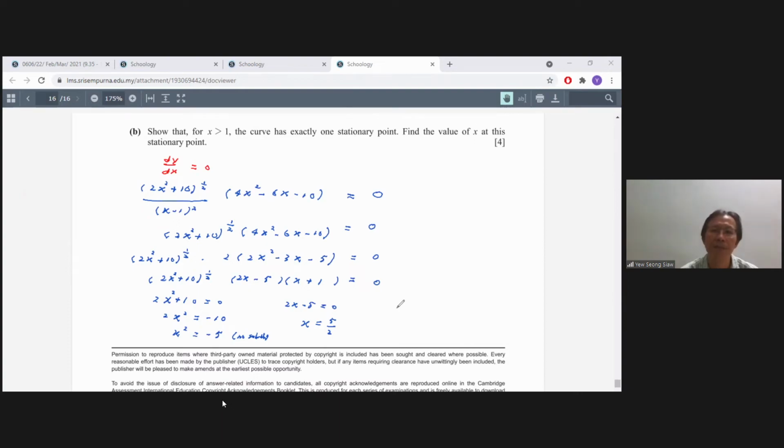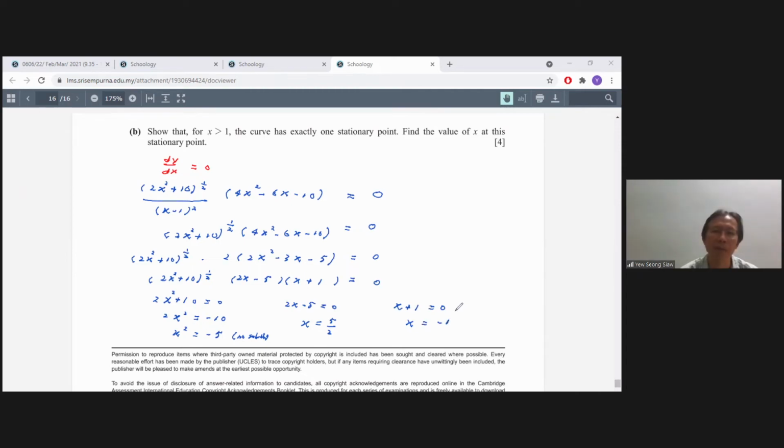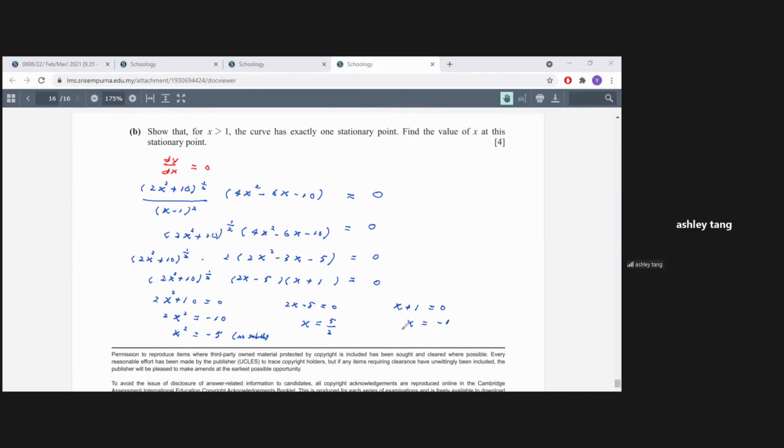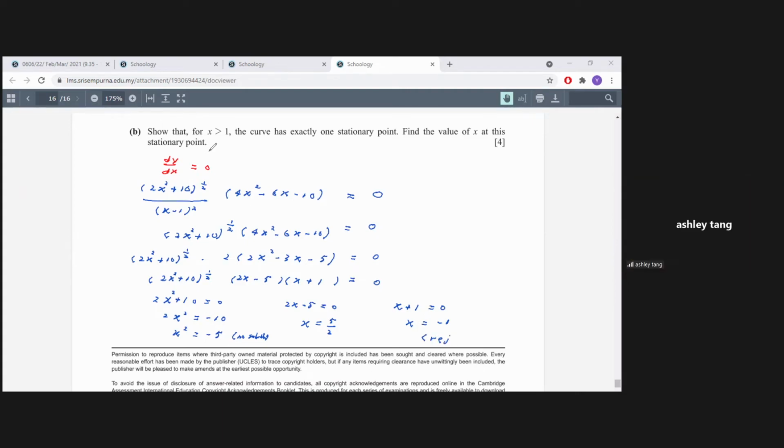The last one, x plus 1 equals to 0, x equals to negative 1. You have to reject the answer. Cannot accept negative 1, because x must be more than 1.